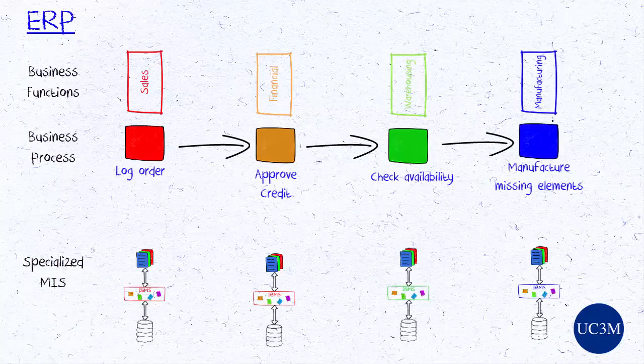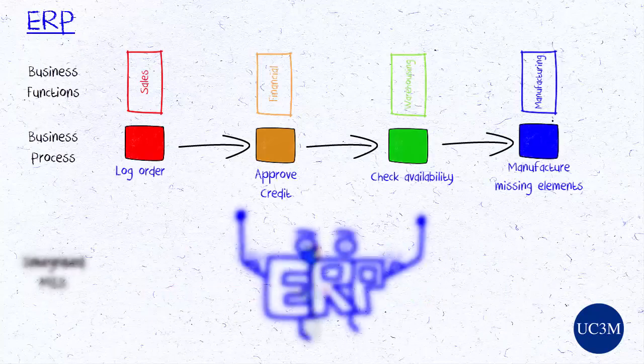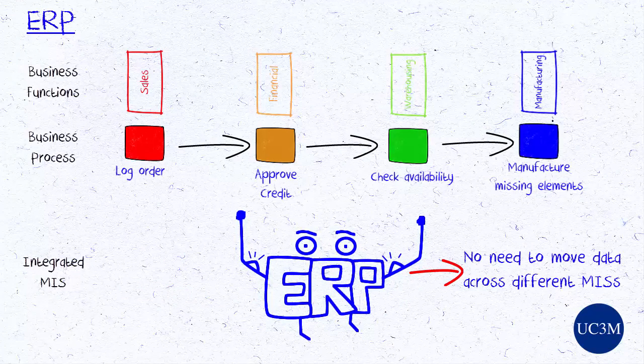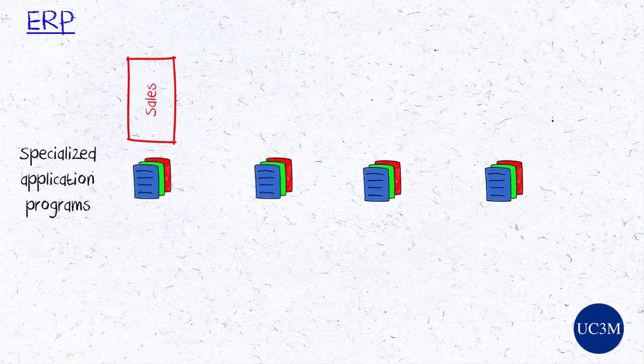ERPs are integrated management information systems that can support integrated multifunction business processes without moving data on individual transactions across different management information systems. Rather than just one set of specialized application programs designed to carry out tasks belonging to just one function, such as sales or manufacturing, they encompass several such modules.